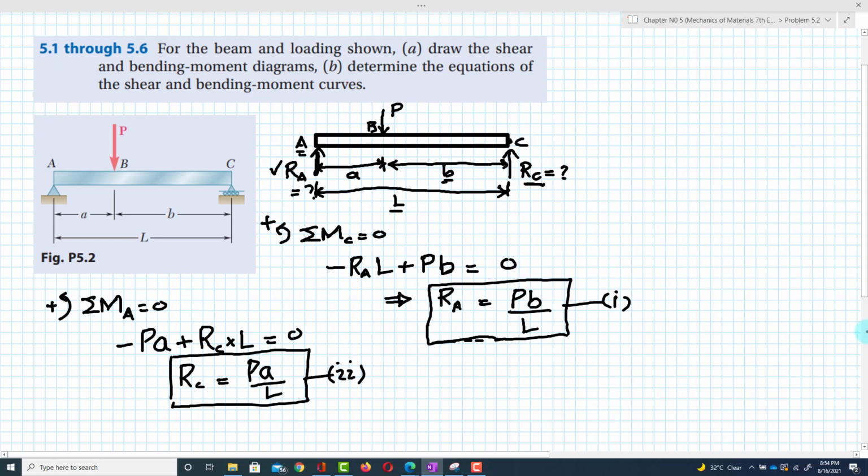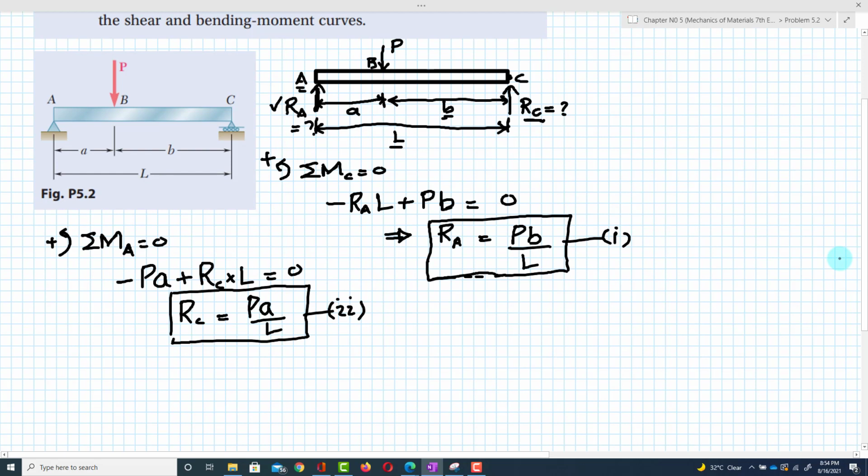Now we have this beam, and if you cut the beam over here, let's assume I draw the beam like this.